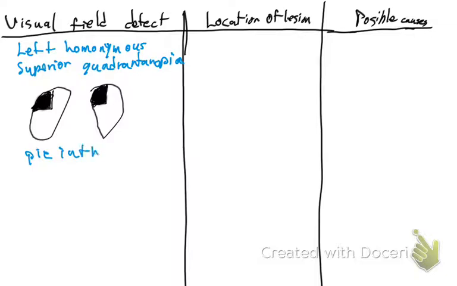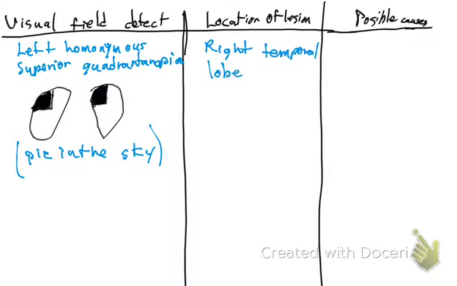Now, what is the location of this one? If you see, it's going to be in the right temporal lobe. That means, opposite, the lesion is in the right temporal lobe, exactly in Meyer's loop.